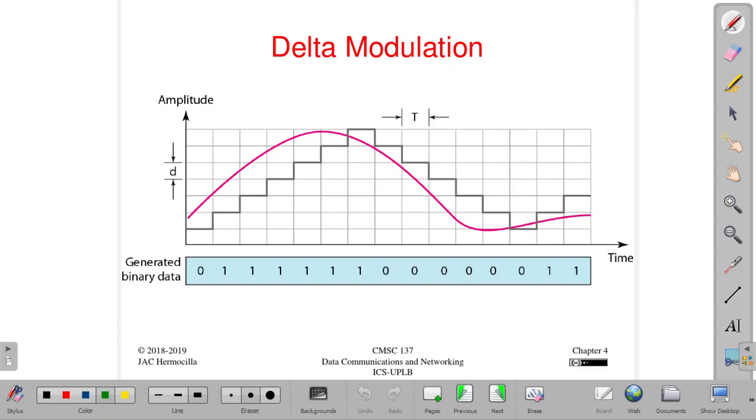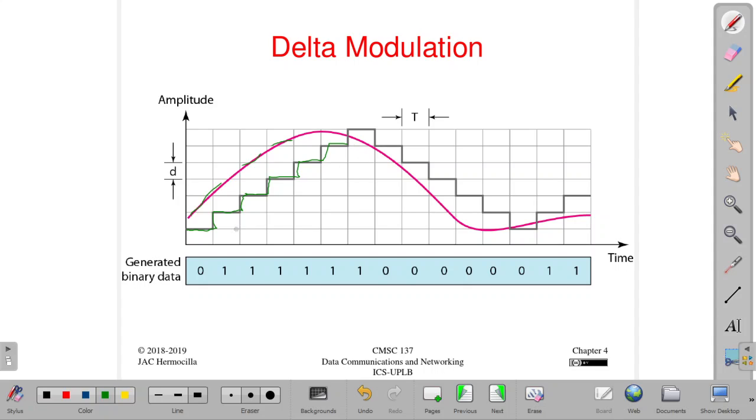So this is an illustration of that. There are actually two waveforms here. There is a staircase waveform and the actual signal.